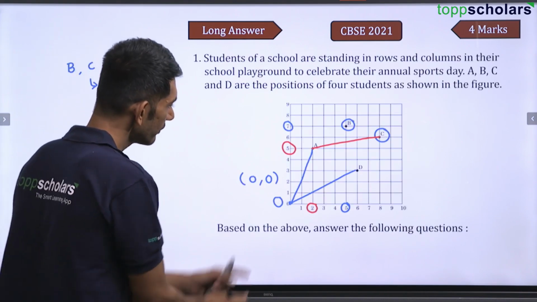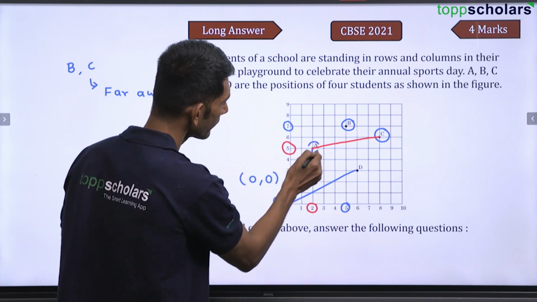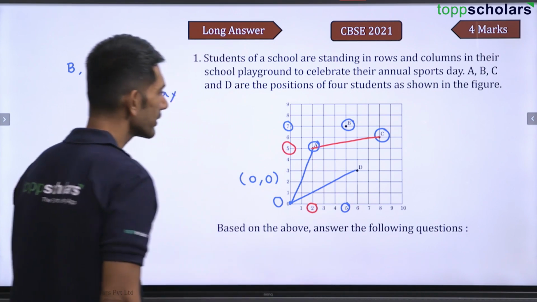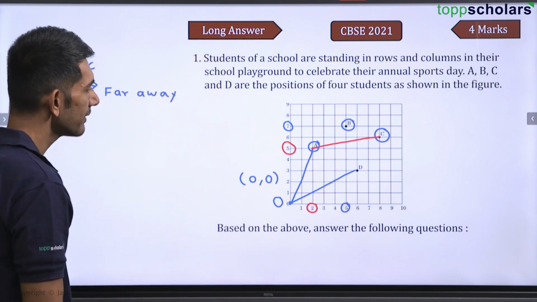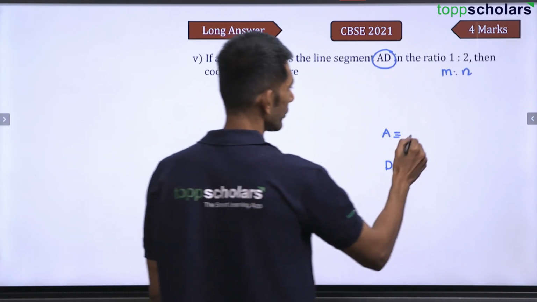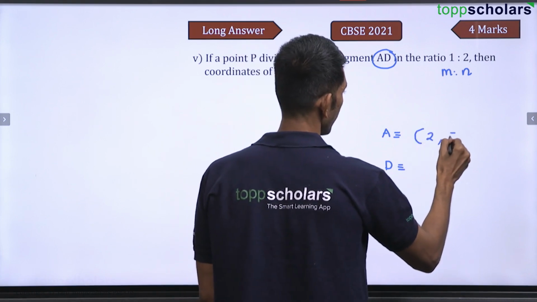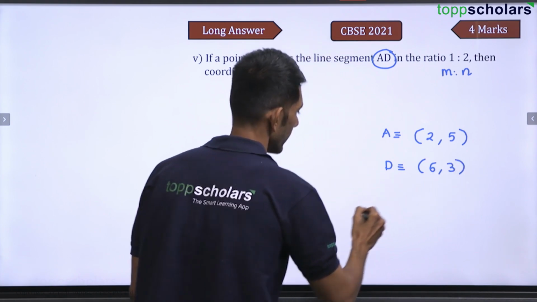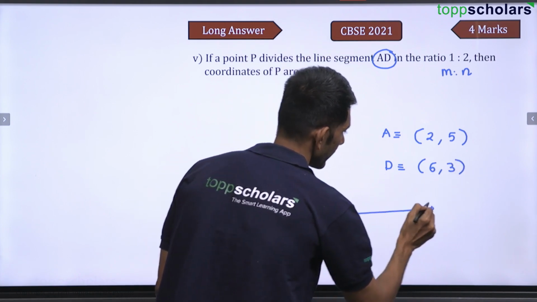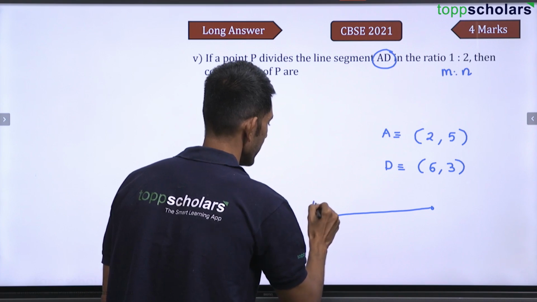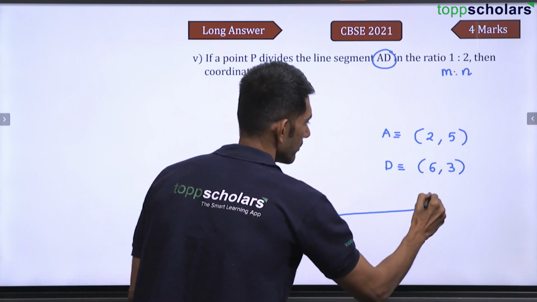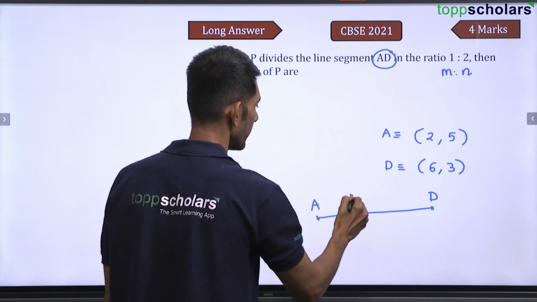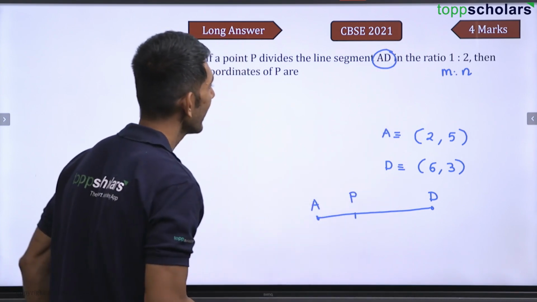Okay, so here is the figure. For A we have 2 comma 5. For D we have 6 comma 3. So 2 comma 5 and 6 comma 3. And then we have a segment, that is segment AD, and there is a point, for example point P, that divides the line segment AD.